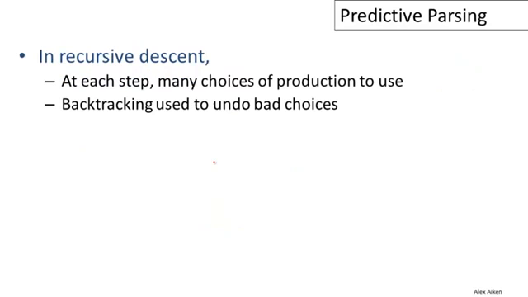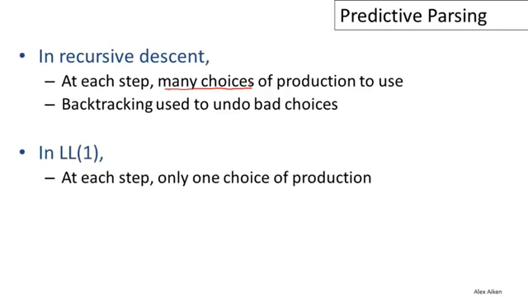To review, in recursive descent parsing, at each step, there may be many choices of production to use, and so we need to use backtracking to undo bad choices. In an LL(1) parser, at every step, there's only going to be one possible production to use. And what does that mean?